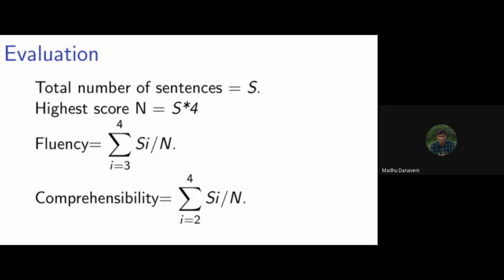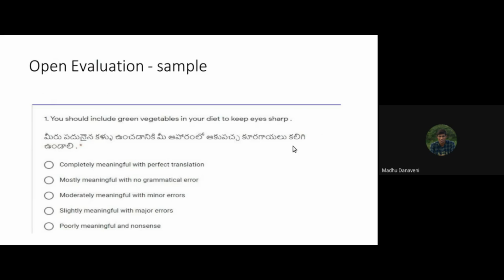And adequacy was calculated across scores 1 to 4. This is a sample of the Google Sheet, the interface. Basically, the evaluator can see the source text first, followed by the output, and is also given the scale that we have adapted.